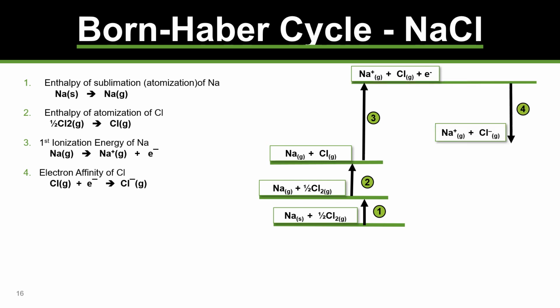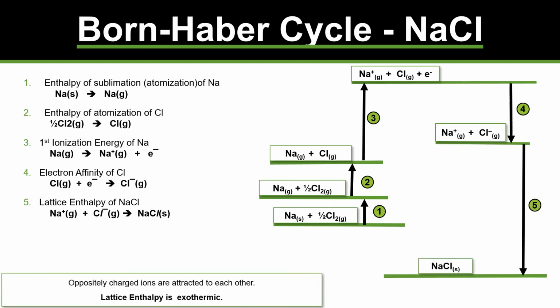And as a result, we're going to have the sodium plus ion and the chloride ion. By calculating the lattice enthalpy change of sodium chloride, we can also calculate the enthalpy change of formation of sodium chloride. That is going to be pointing down, if you see, because the lattice enthalpy of sodium chloride is very large.